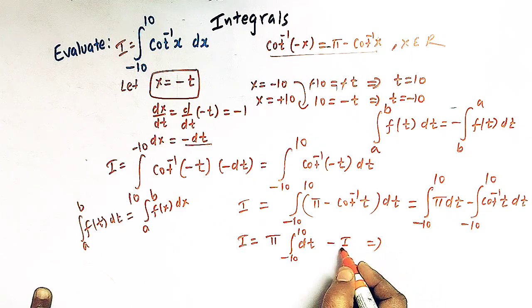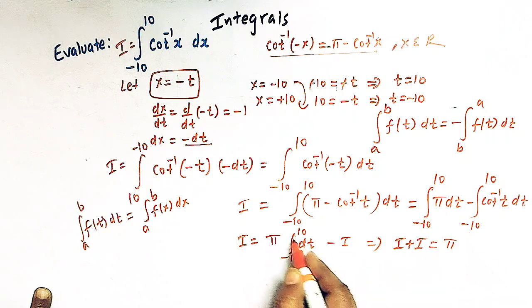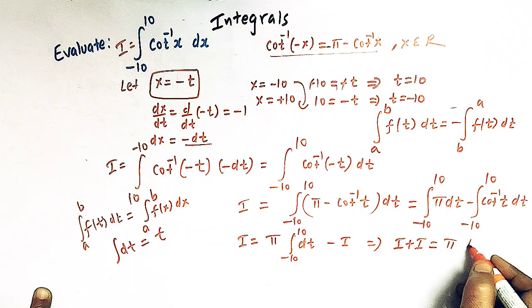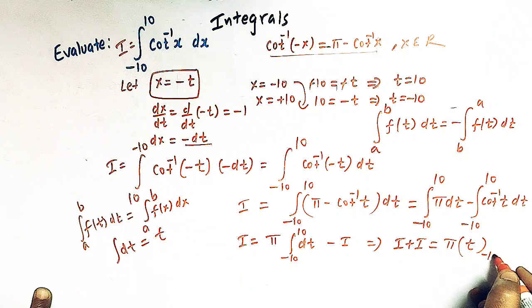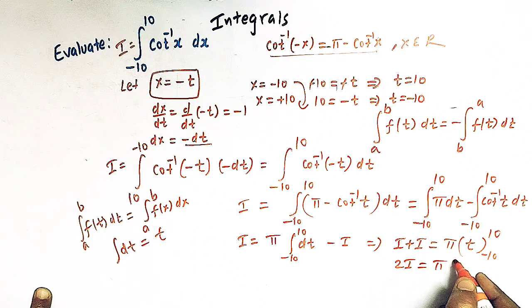So now taking this minus I to the left hand side, we have I plus I, and here we have pi. The integral of dt is simply t. So here we have t, and limits are from minus 10 to 10. I plus I is 2I, and here we have pi, and substituting the limits and taking the difference, we have this expression.